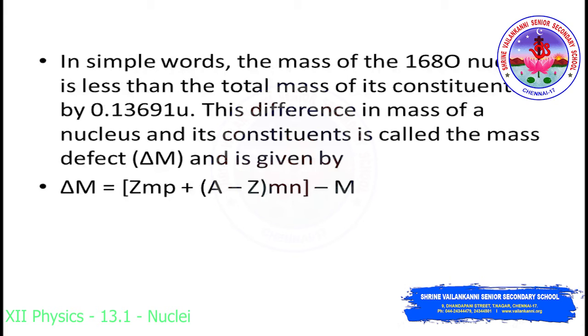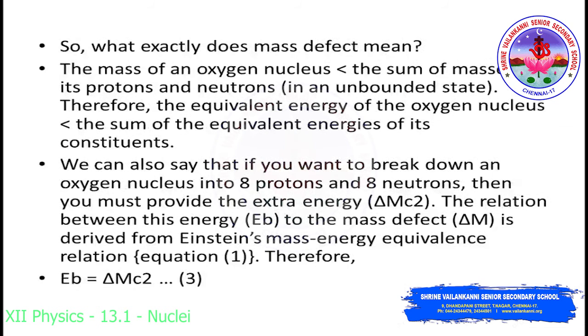This difference in mass between a nucleus and its constituents is called the mass defect. This is what we said on the previous slide: delta M is equal to ZMp plus (A minus Z) Mn minus M. When doing the numericals, we can understand it better and better, right?